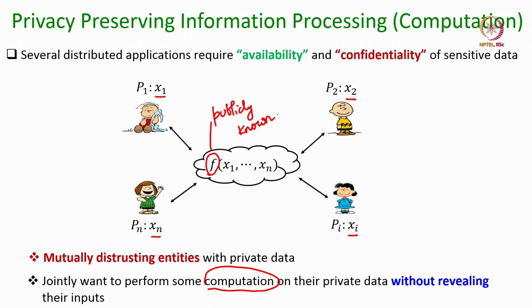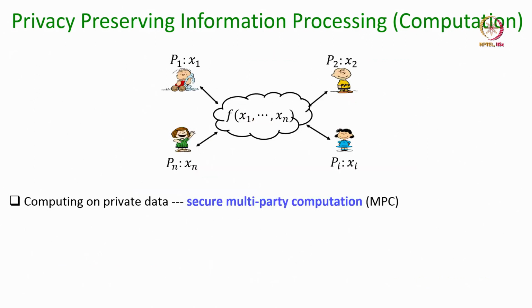That means it takes n inputs, where the ith input is provided by the ith party, and the parties want to execute some protocol which allows them to learn the outcome of f on the inputs x1 to xn, but in the process no party should learn anything additional beyond what it can infer from its own input and the function output. Okay. So, this problem is also called the secure multi-party computation or MPC problem.